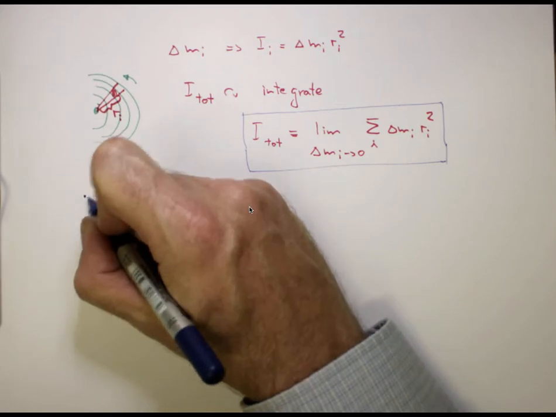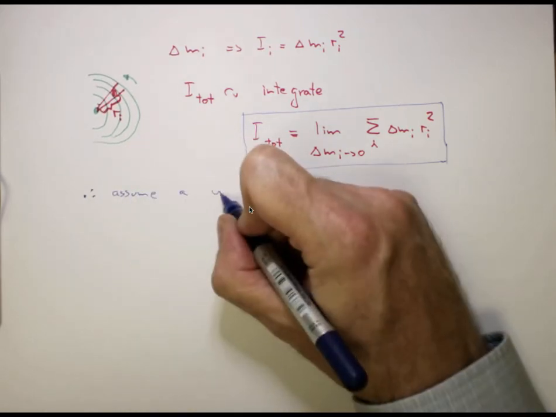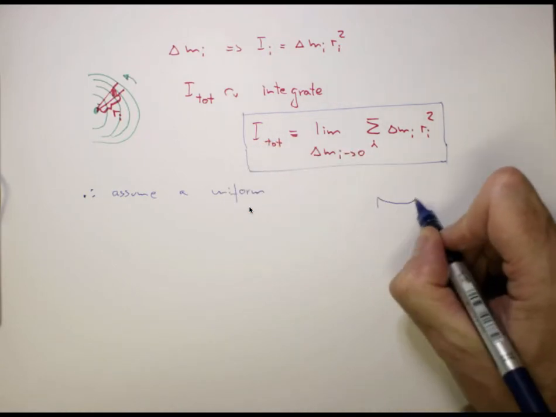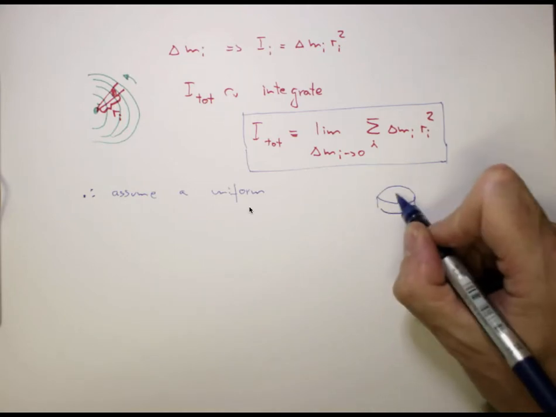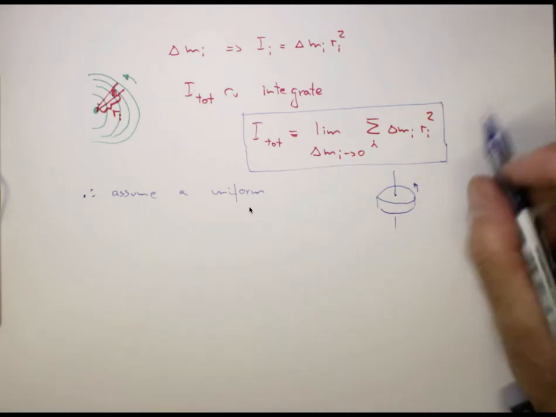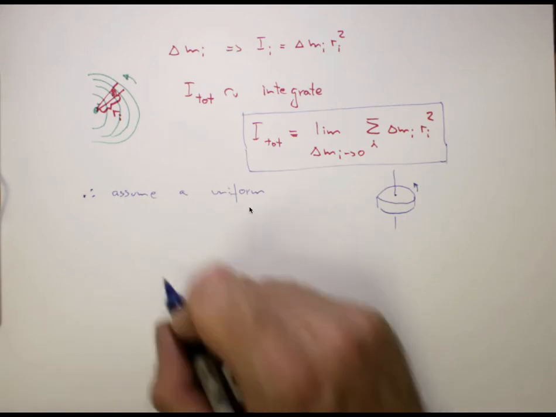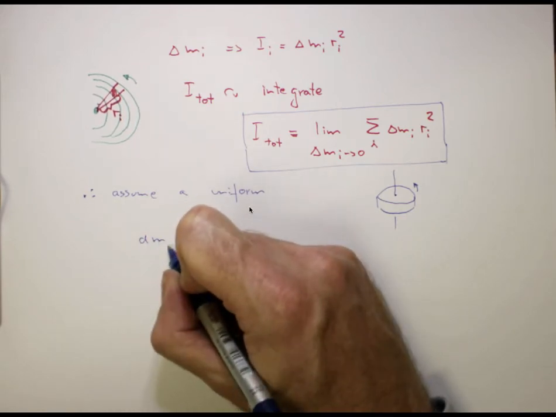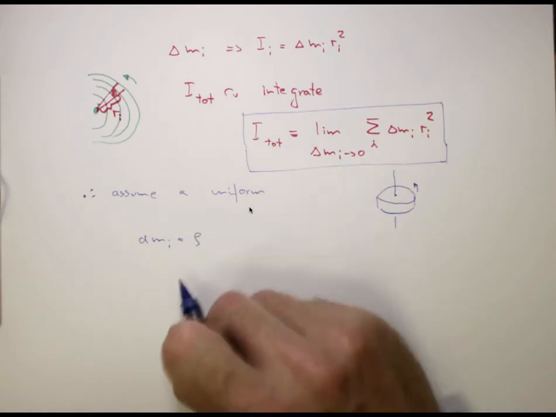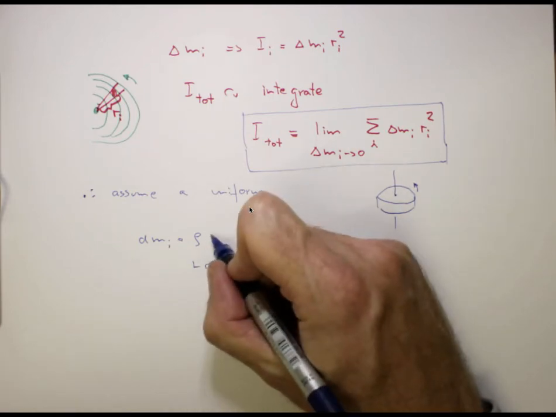If we now assume a uniform distribution, for example a disk like that, that rotates about its center, then we can take advantage of the uniform density and express dmi, the differential mass, as the density, the mass density, times a volume element.